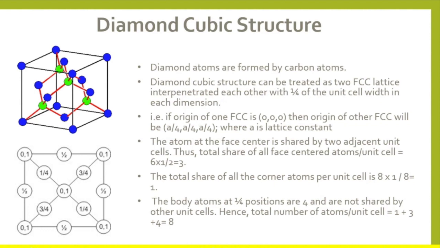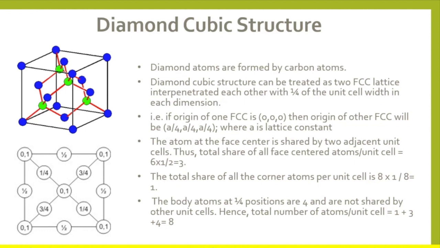So the origin of one FCC will be at 0, 0, 0, while the origin of the other FCC will be at a/4, a/4 and a/4. Now, as in the FCC lattice, 8 atoms are at the corners, 6 atoms are at the faces, and there are 4 more atoms in the body which belong only to the single unit cell.